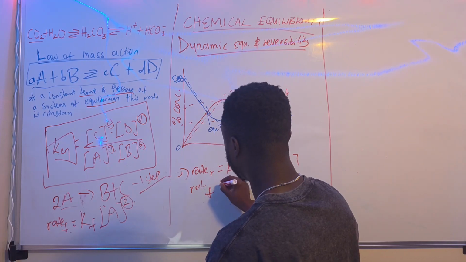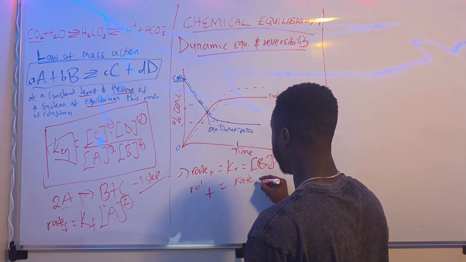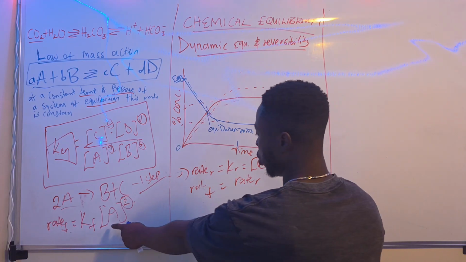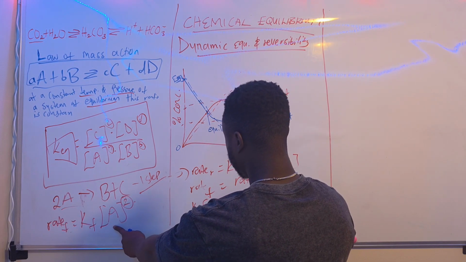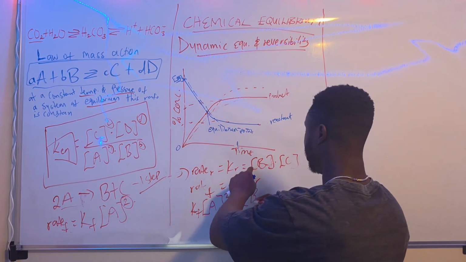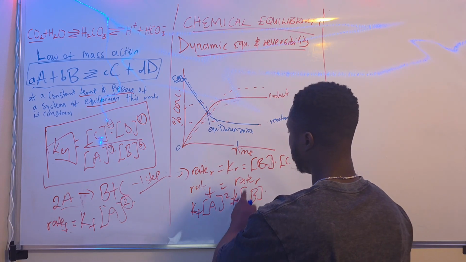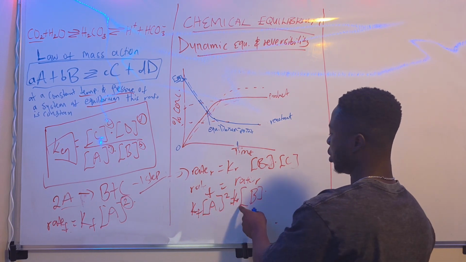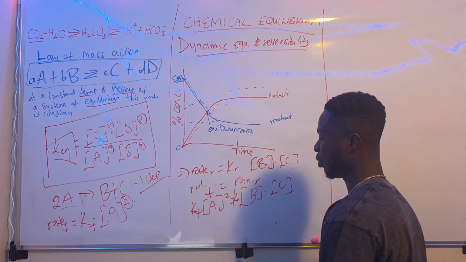So rate of forward equals rate of reverse. So over here I can say that Kf [A]^2 is equal to Kr [B][C] up here, right?